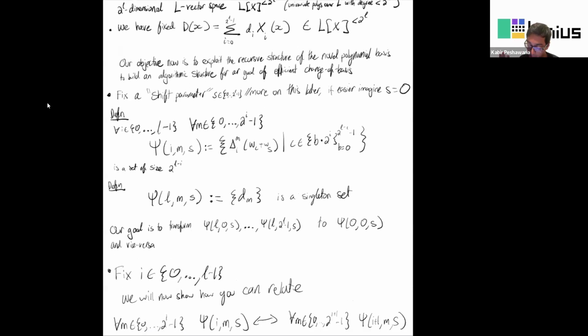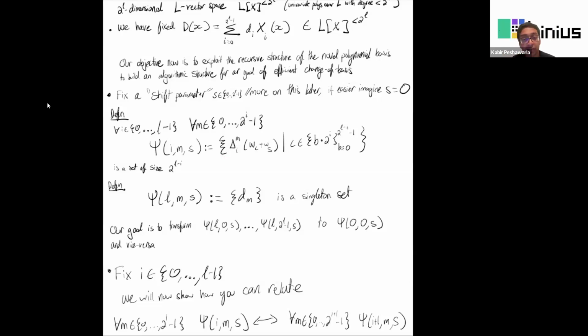Cool. We're going to talk about some more weird looking sets now that all relate to one another in weird ways. For i from 0 up to L minus 1, and for every single m that is representable in i bits as an unsigned integer, we're going to define psi of i, m, s to be in this set. Because we're talking for ease of introduction, I might just say psi i m, or if m is fixed in the context, I might just say psi i.